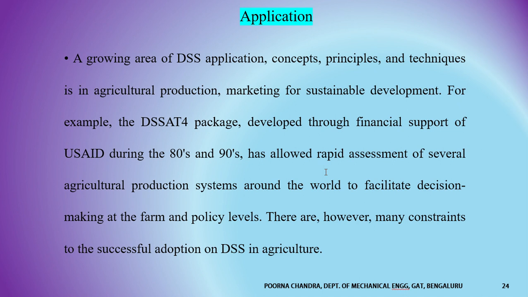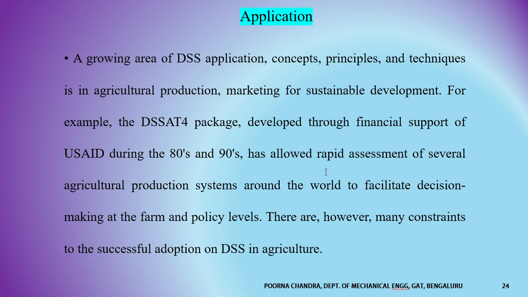Other applications: a growing area of DSS application concepts, principles and techniques is in agricultural production. So it can also be used in agriculture production and marketing for sustainable development.